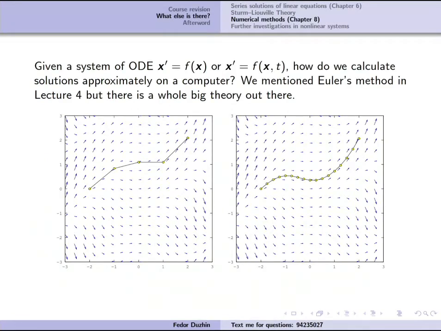One more little thing is how do we calculate solutions of a differential equation approximately on a computer. In this course, I gave you some idea of the so-called Euler's method. But there is a whole section in the textbook about numerical methods.